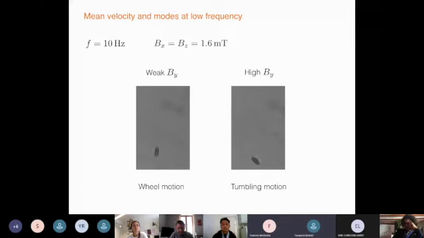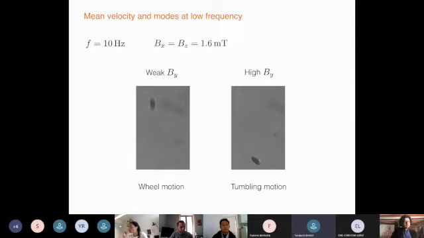First, at low frequency, so at 10 Hertz, with a circularly polarized field, meaning that the component X is equal to the component Z. What you can see is that when you don't have the transverse component, or when you have a weak contribution of the transverse static field, you have a wheel motion, meaning that the triangle is contained in the ZX plane, which is the plane of the circularly polarized field, and the triangle starts to rotate and to move.